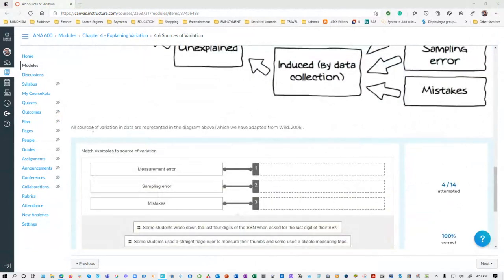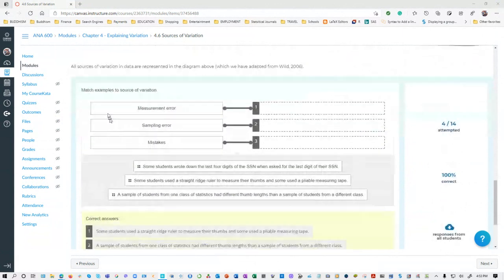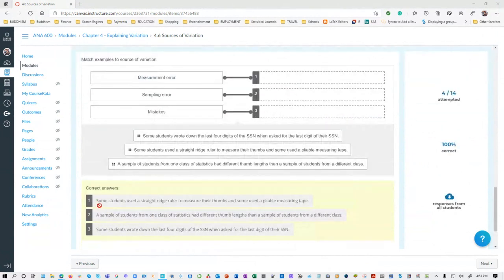Okay, let's look at this one. All the sources of variation in data are represented in the diagram above, adapted from this. Match an example to the source of variation. Measurement error: some students use a straight, rigid ruler to measure their thumbs, and some use a pliable measuring tape.